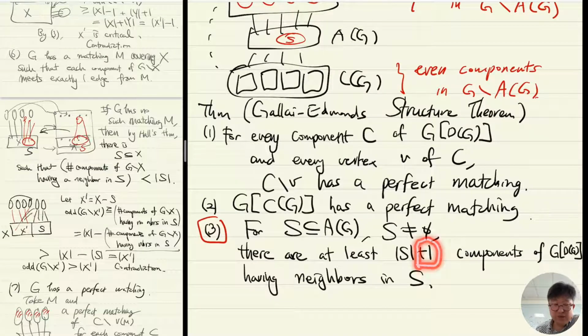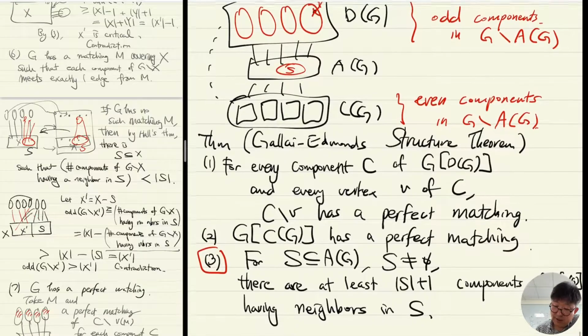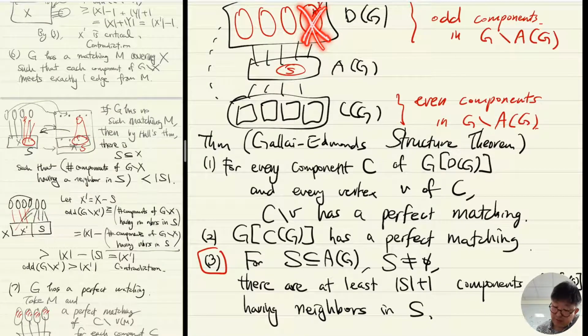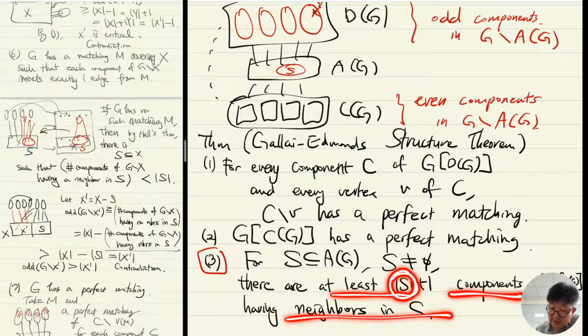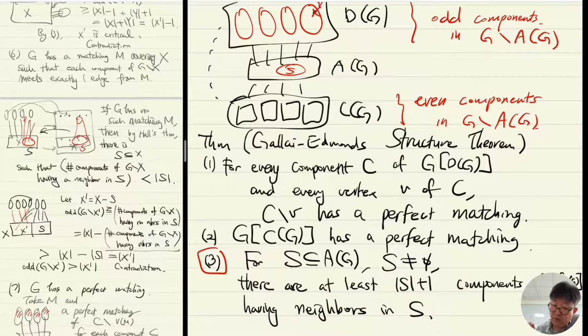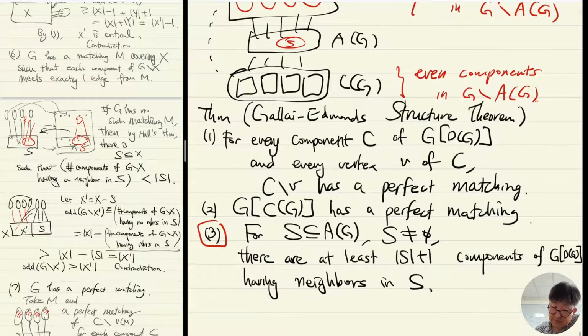Since I have an extra one, even if I delete one odd component, I still have at least |S| components having neighbors in S. And this is true for all subsets S of A, and I can ignore the empty set. And then by Hall's theorem, we can find the matching covering A and not using this component. So that's how I build a maximum matching.